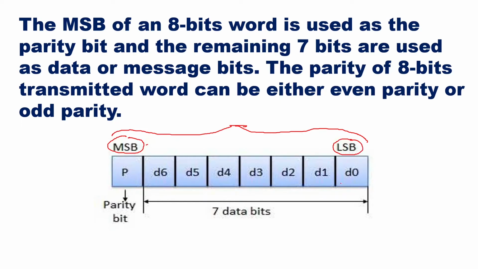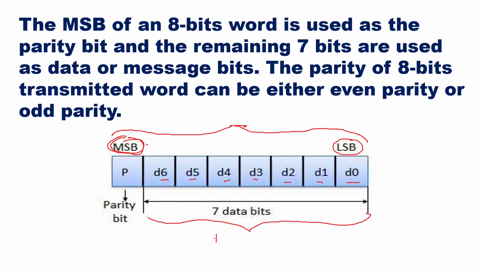We start with the least significant bit D0, then D1, D2, D3, D4, D5, D6, and D7 is the most significant bit. Out of these 8 bits, we will take the first 7 bits as the message bits.